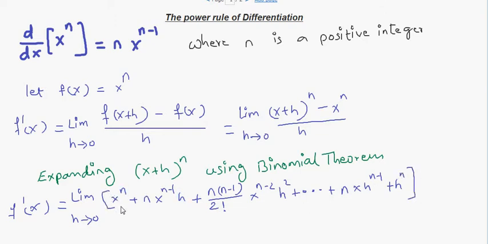So that's the expansion of x plus h to the power n, and all this minus x to the power n, divided by h.